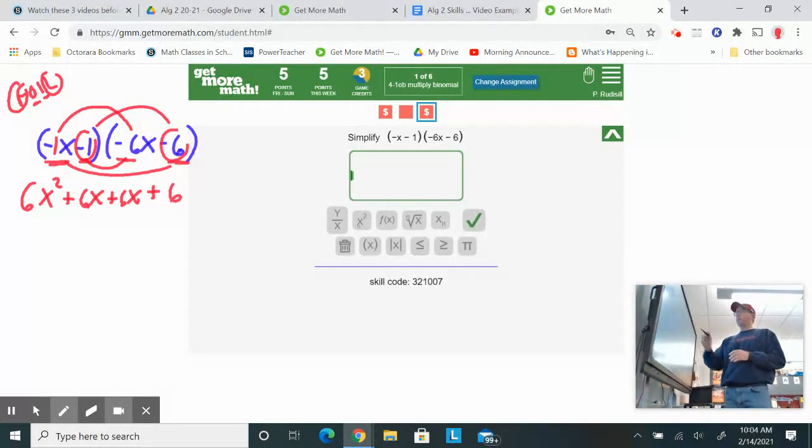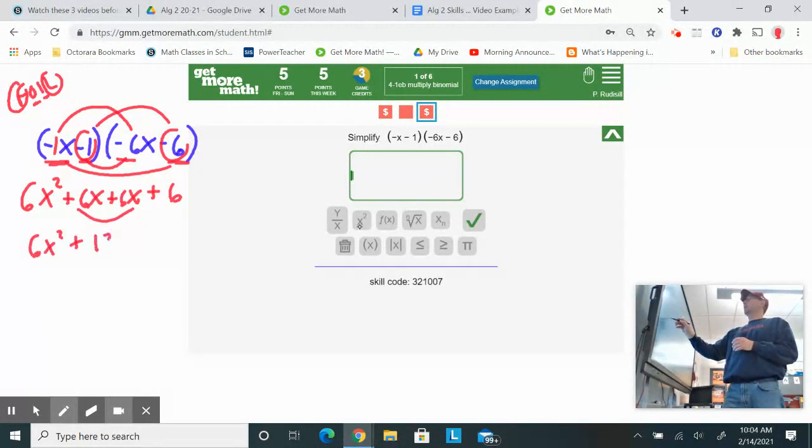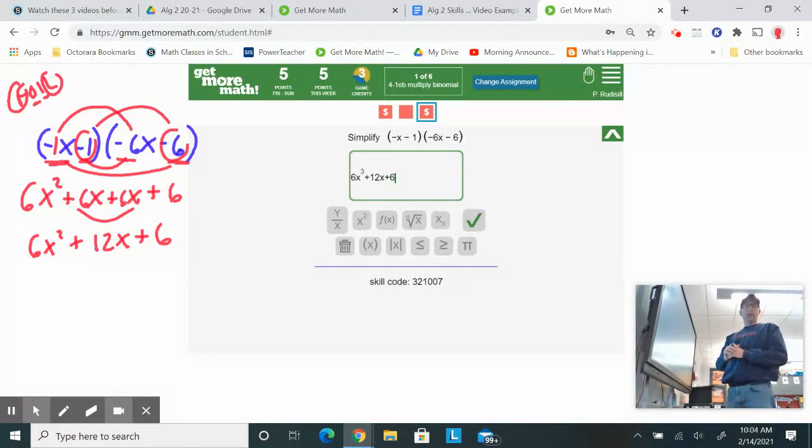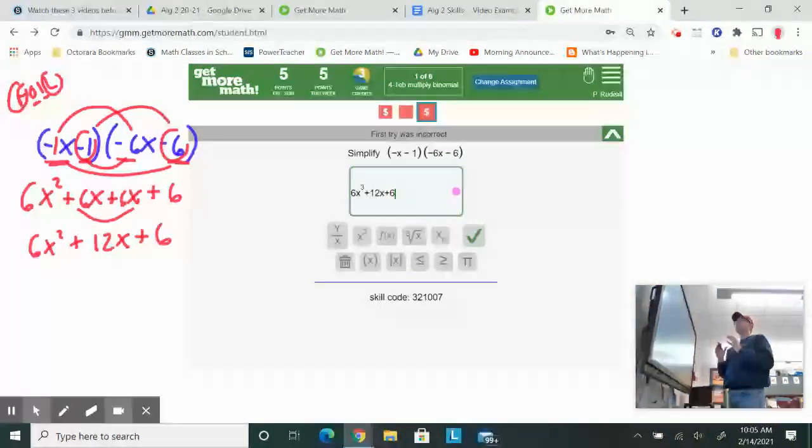Now in this example, I have like terms, so I can add those together. So I have 6x squared plus 12x plus 6. Let's check that. A quick inspection over here of my scratch work on my scrap paper, and I look over here at what I typed in. I think I have what I want, but there's a mistake here. So where's my mistake?